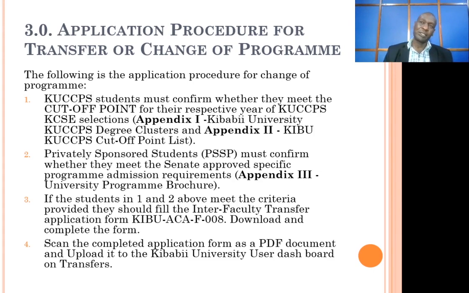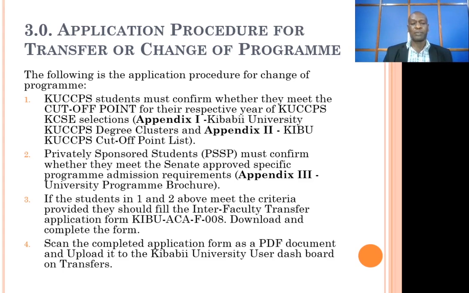So they check the cluster group and they check the cutoff points to confirm whether they meet the admission to that program of interest. For privately sponsored students, they will check their qualifications as they appear in the brochure against their, maybe if it's the KCSE results or any other result.